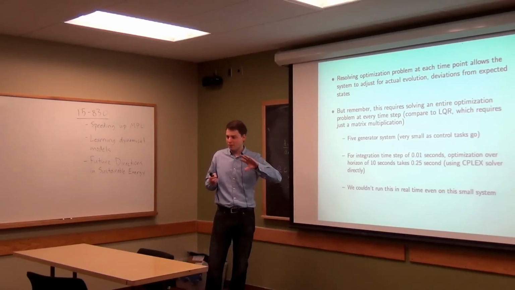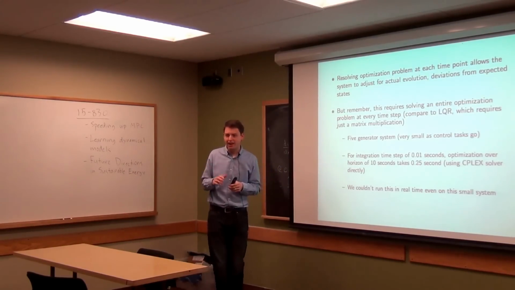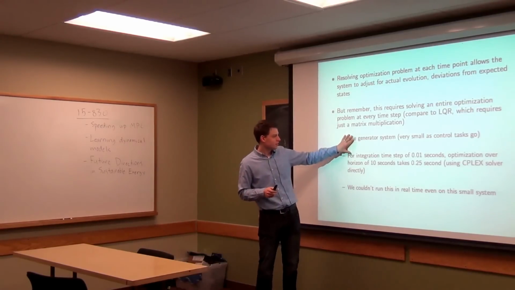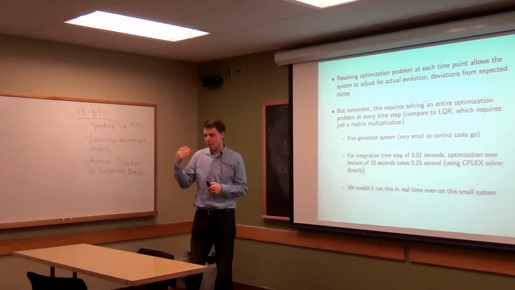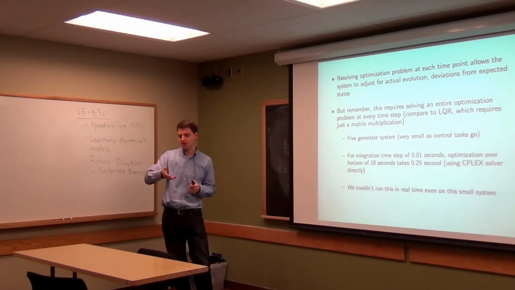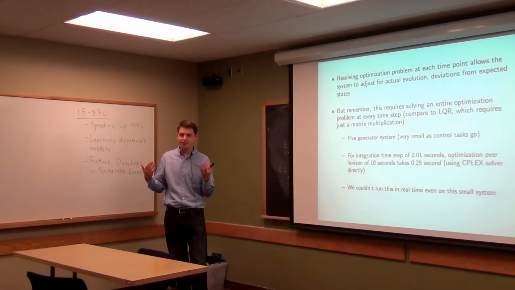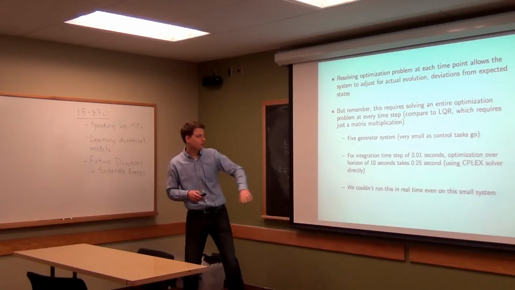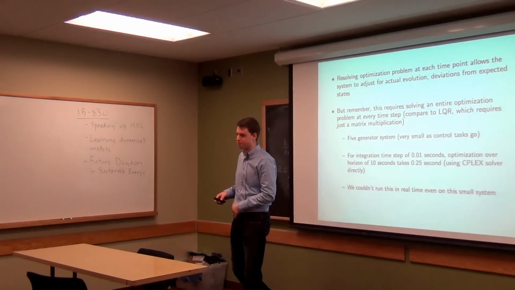These are very fast control tasks. You might not want to be doing generator scheduling. MPC might make more sense for something like you do on the homework, where you're actually scheduling every hour generation and storage. But when you have a system evolving at the order of 0.01 seconds, that might not be the best application area for it.